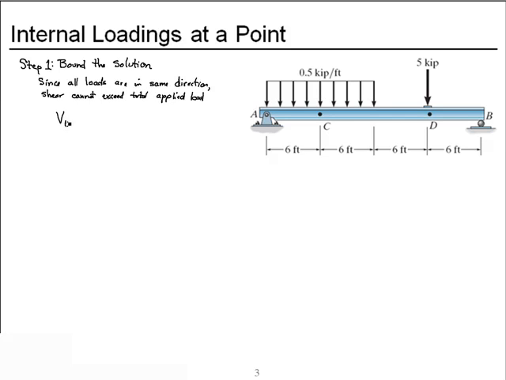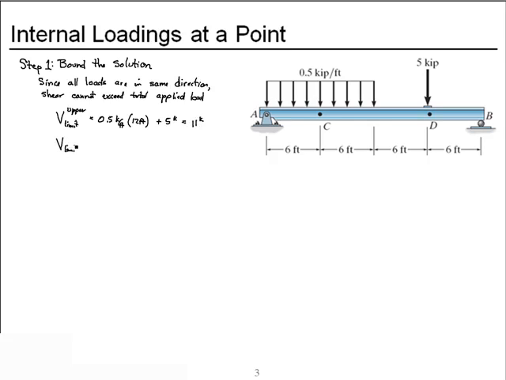So our limit, upper bound, which we really don't expect to get to, 5 kips per foot times 12 feet, gives us the total force applied by the distributed load, plus 5 kips downward is 11 kips total load, and so that's our upper limit on the shear, but we really don't expect the shear at C or D to reach those limits.